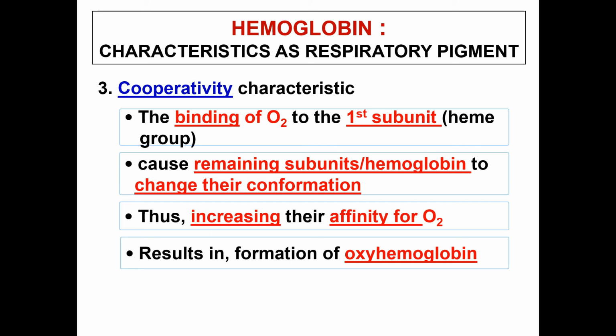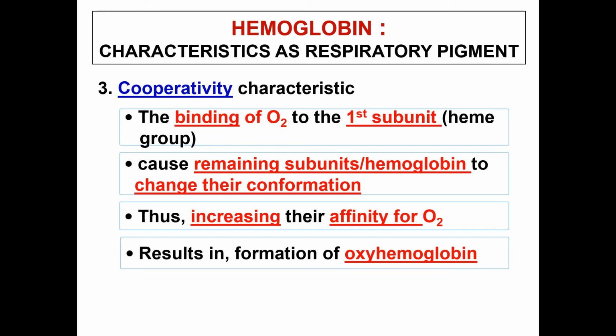Jadi yang dikatakan cooperativity ni daripada 4, kalau satu sahaja sudah dapat mengikat oksigen membentuk oxyhemoglobin, the other 3 polypeptide chains, yang 3 lagi akan terus meningkat affinity dia untuk mengikat oksigen.